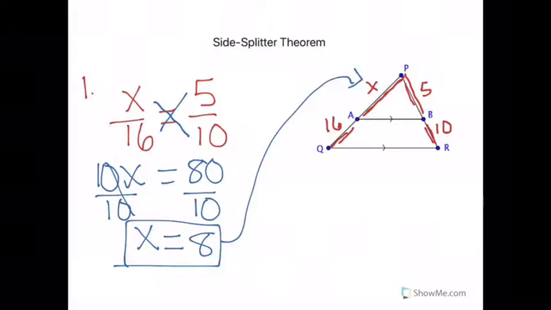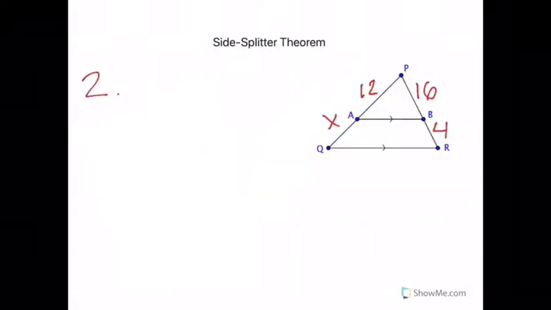Let's do another example like this. So number 2, again, draw your triangle, label these segments 12, x, 16, and 4. Okay, set up your proportion. Again, looking at that left side, 12 over x equals, look at the right side, 16 over 4.